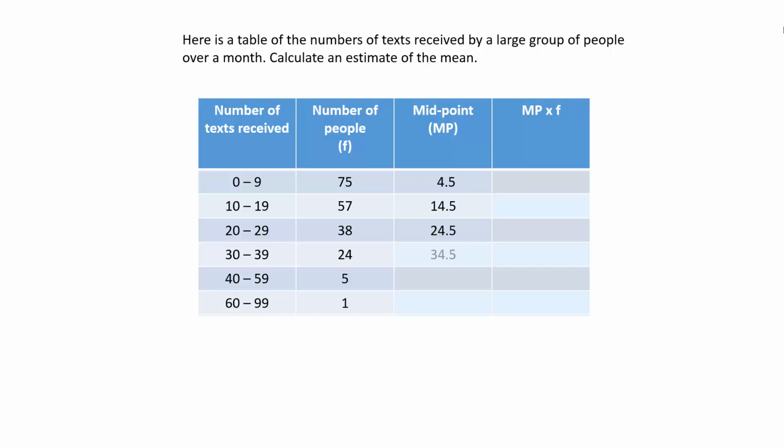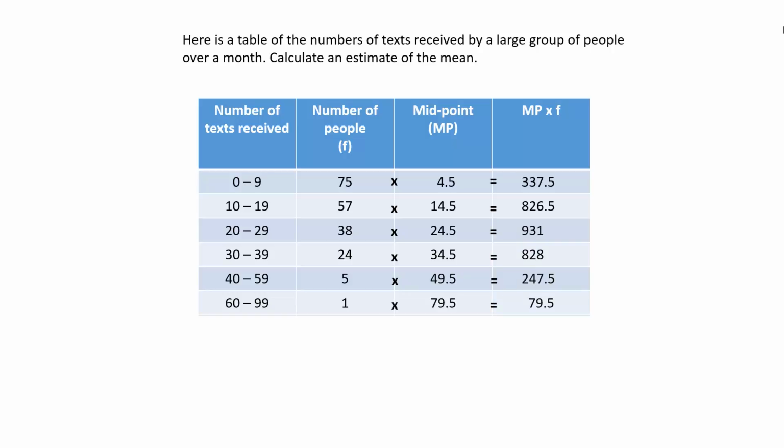So let's put the midpoints in. Now we're going to do midpoint times frequency, and that gives us that. This is all calculator work. This would have to be on a calculator paper in an exam. And there we go, 5 times 49.5, and the last one, 79.5.